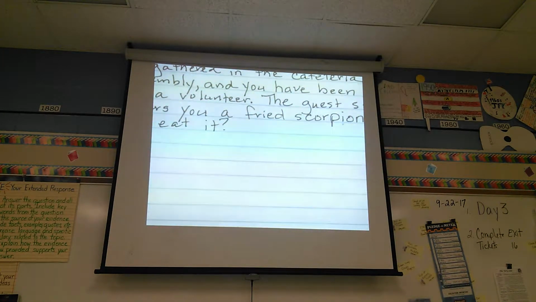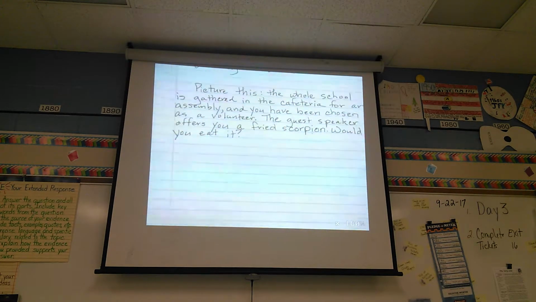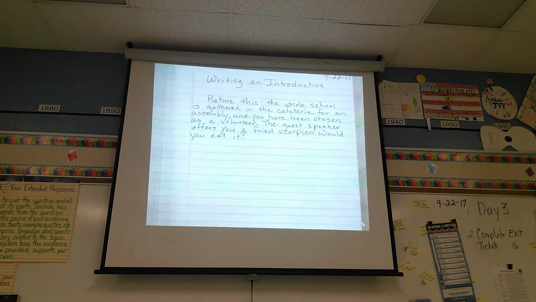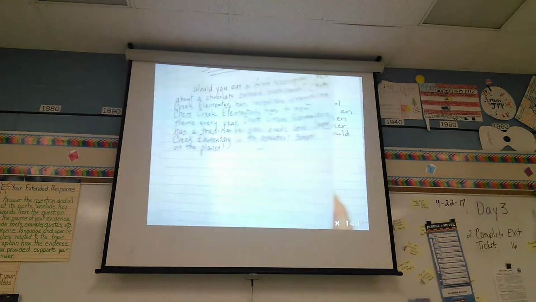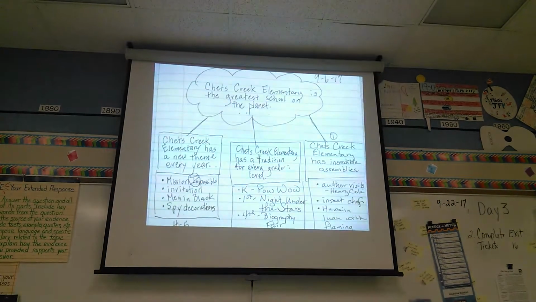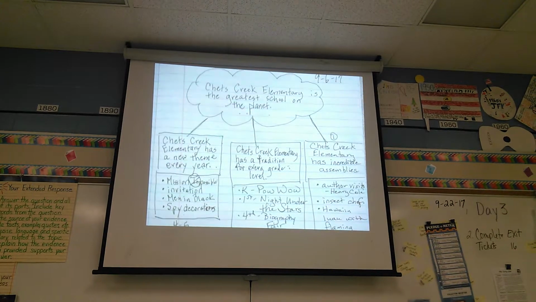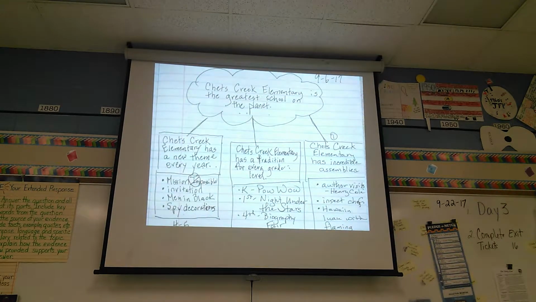You have your hook. Let me just zoom out a little bit here. Okay, so you have your hook that is written here, your scenario hook. You flip back to your plan, and notice I have my main ideas. Now, because I wrote my hook about the assemblies, I want to do that one first.